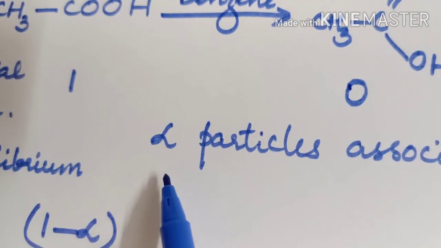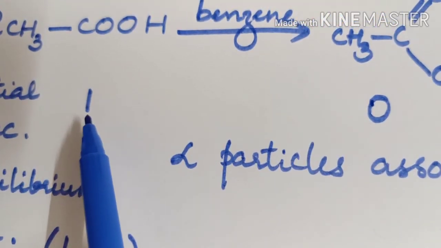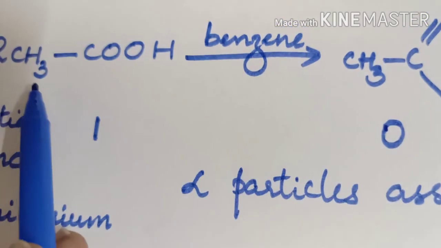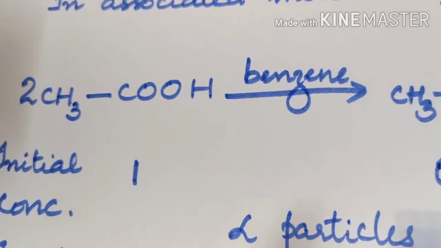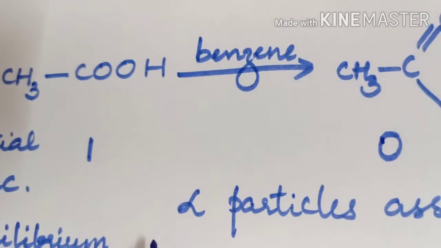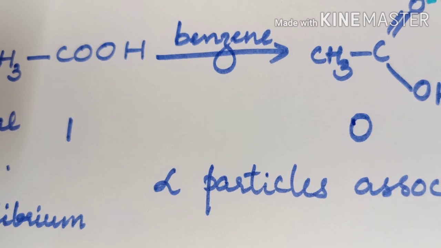So alpha particles have undergone association, where two particles are changing to one. That means one particle will be changing to half. So alpha particles will be converted to alpha by 2.